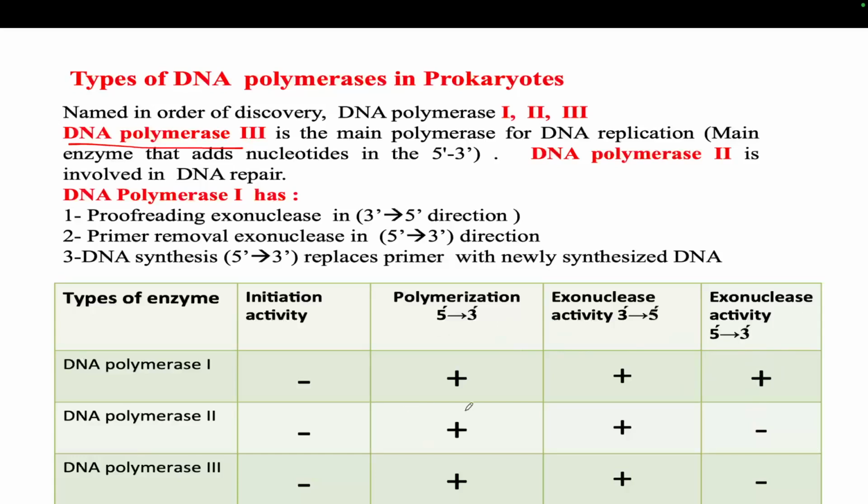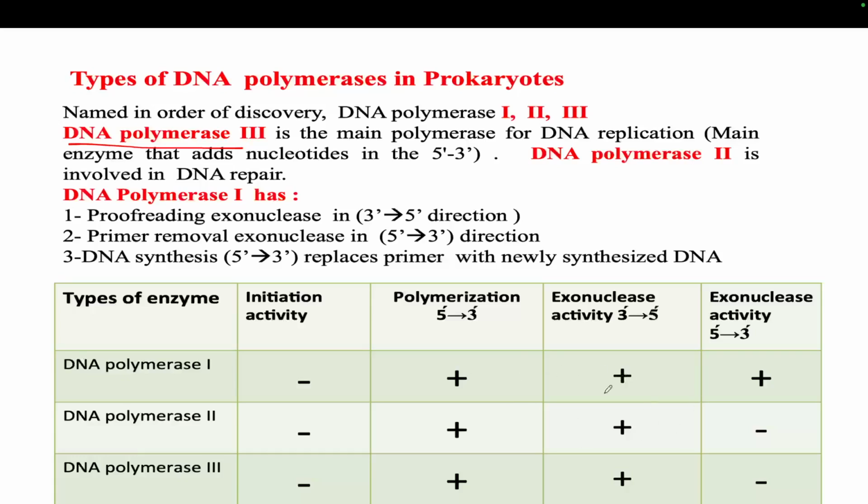But if it happens, DNA polymerase 1 can rectify those errors. This 3' to 5' proofreading activity is present in all three enzymes, but it is majorly done by DNA polymerase III. And the primer removal work is done by DNA polymerase 1. So these are the three types of enzymes and their features.